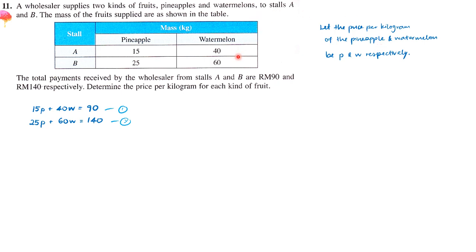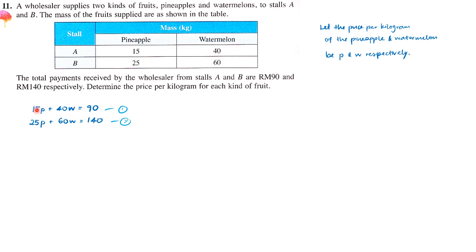Why did the wholesaler receive 90 ringgit from stall A? Why did he receive 90 ringgit? Because the wholesaler gave stall A 15 kg of pineapples, right? So 15 kg of pineapples. How much does 1 kg of pineapple cost? P, which we don't know yet.